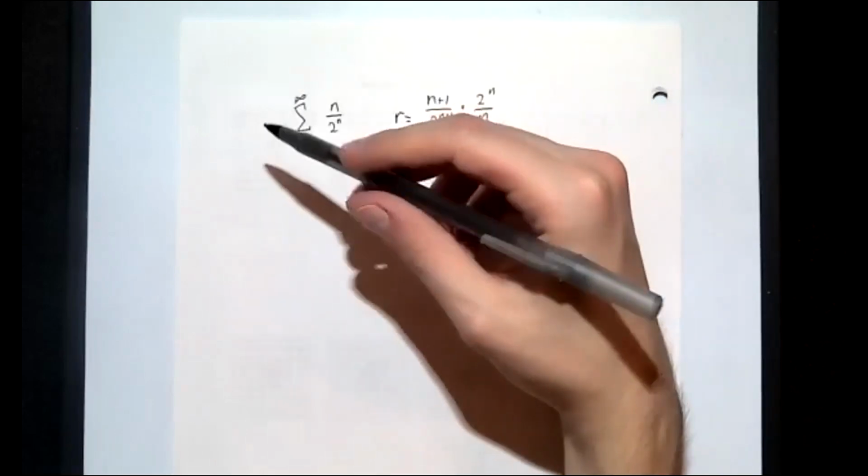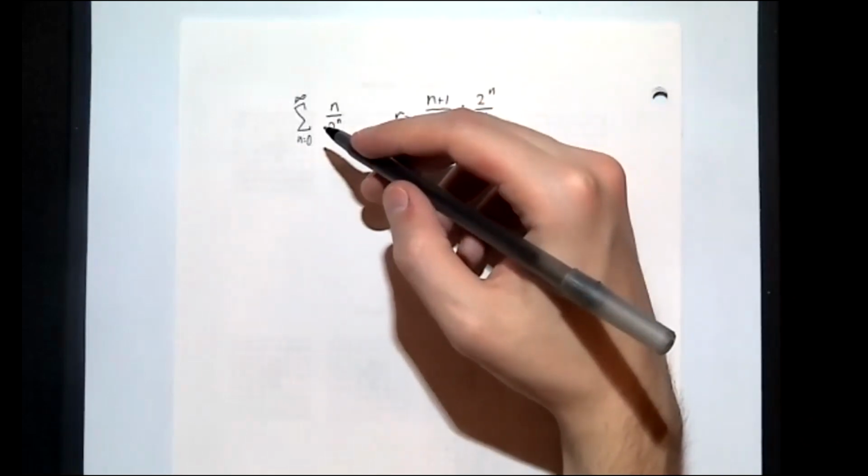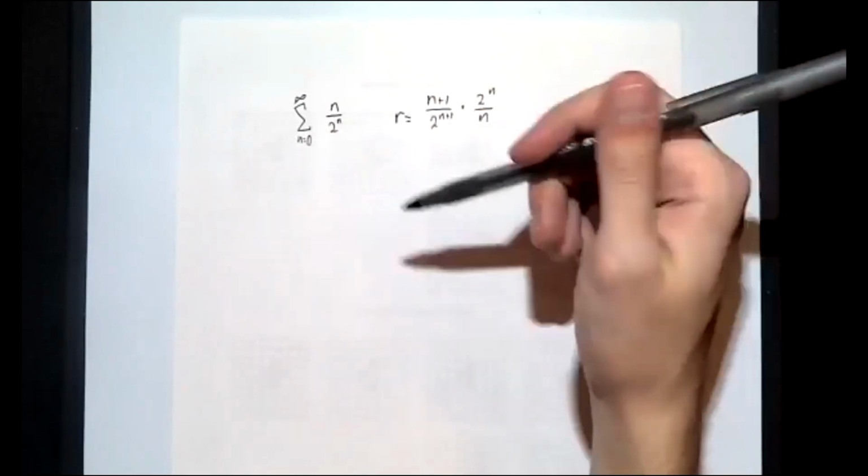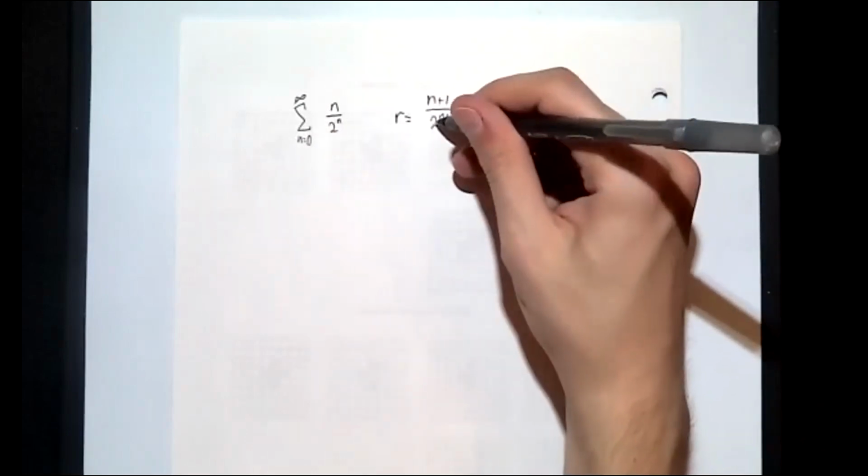So we have n plus 1 over 2 to the n plus 1 times 2 to the n over n. Kind of just like the problem that we did on the homework, problem 7, just this is now a 2 instead of a 5.